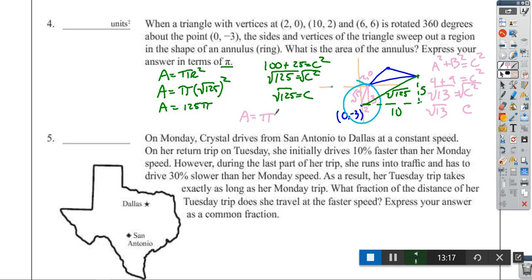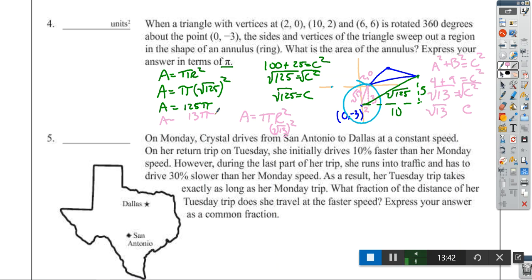Pi times the radius squared. My radius for the small circle is the square root of 13, so what is the square root of 13 squared? 13. So the area of my small circle is 13 pi.